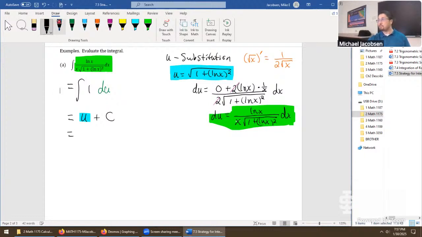So this becomes root 1 plus natural log x. Let me fix the penmanship on that. Squared plus a constant. So this integral here, which looked really complicated, it's really just this antiderivative. And through that shortcut, it kind of makes sense. If you differentiate that, this whole portion goes to the denominator.